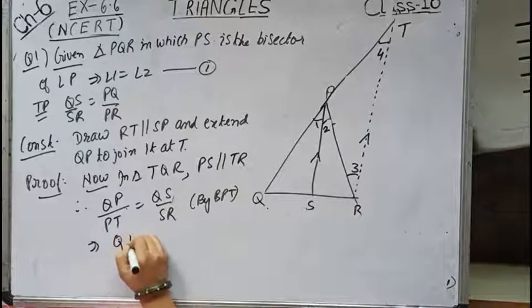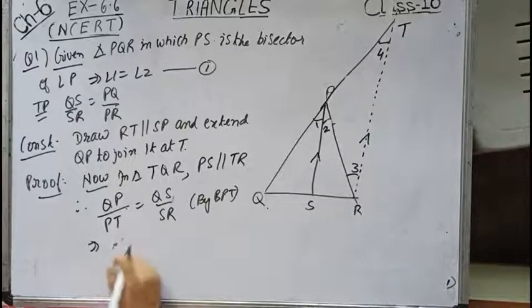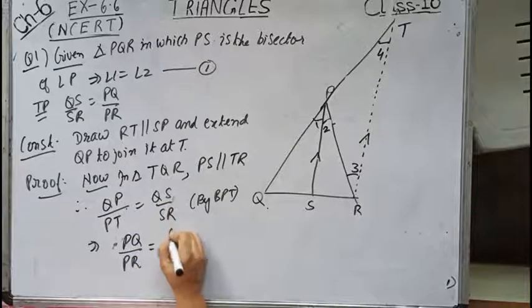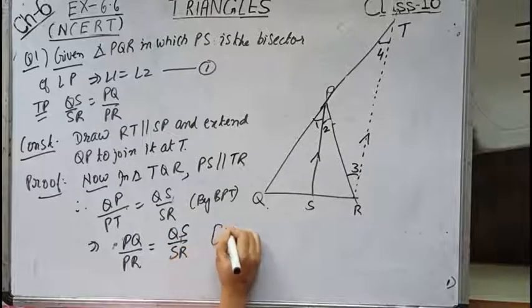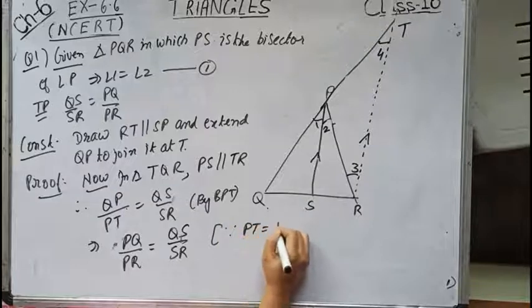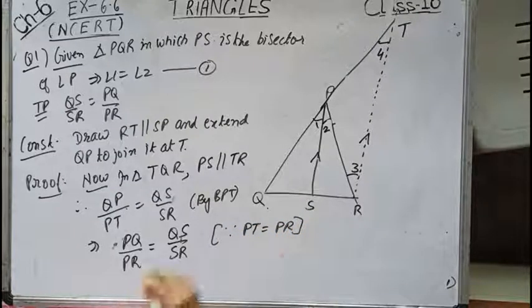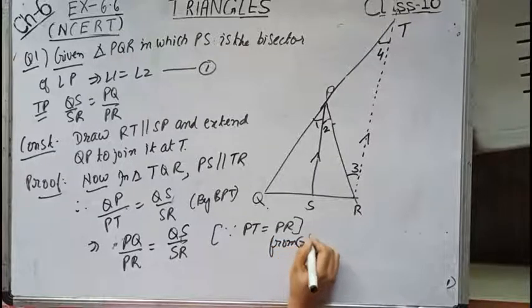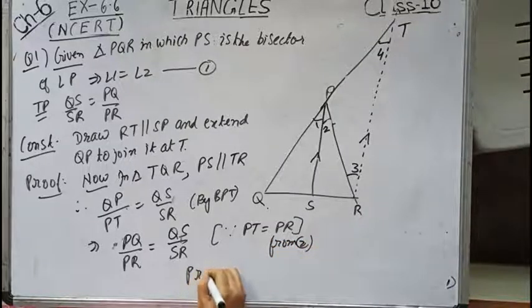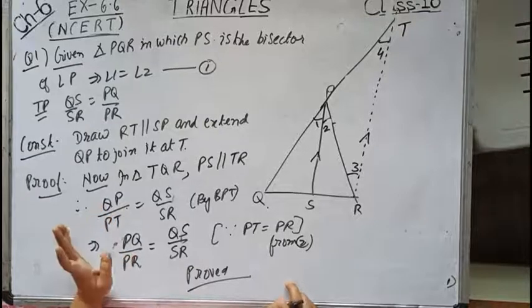So PQ by PR equals QS by SR, since PT equals PR. From equation 1 or 2, whichever, and hence proved. So this is an important sum, and it is also called the angle bisector theorem.